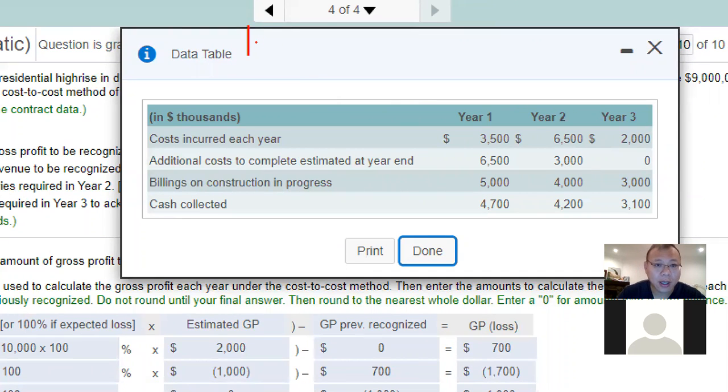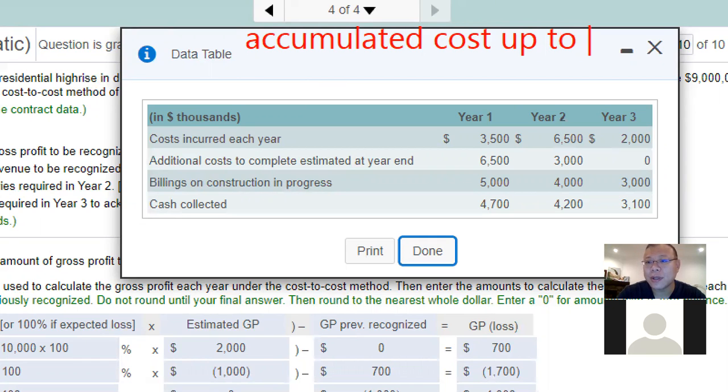You want to know the cumulative cost up to the end of year two, right? So the answer is the total of year one and year two, right?